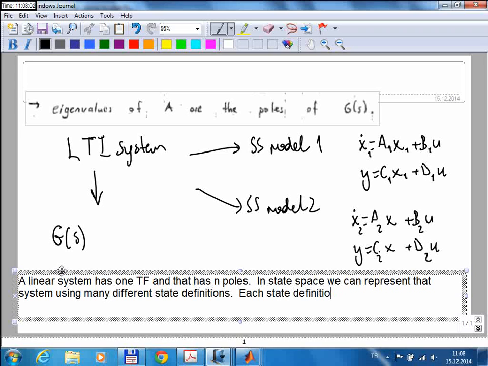Each state definition will give us different A, B, C, and D matrices.